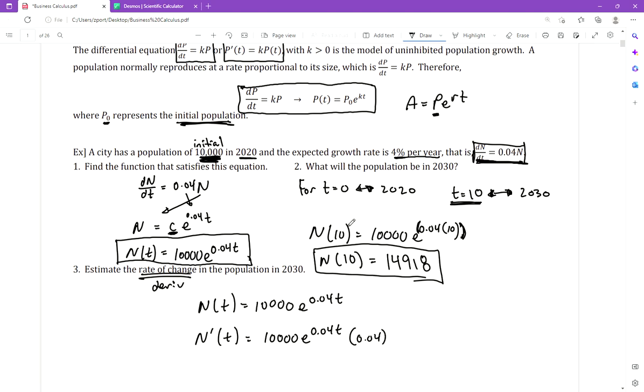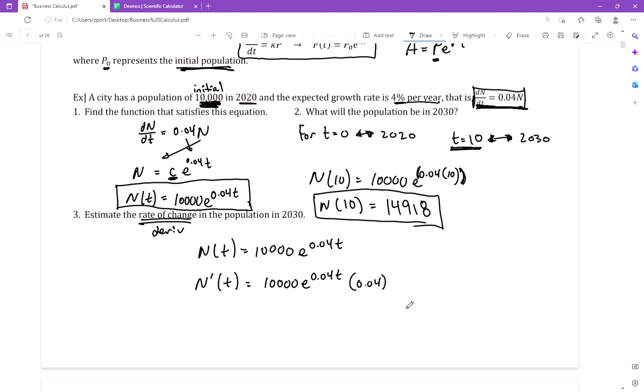Okay, and here we can simplify if we need to, but I'm going to plug in, so it says in 2030, so now I'm going to let t equal 10 again, and do N prime of 10 equals 10,000 e to the 0.04 times 10, and then after that times 0.04.